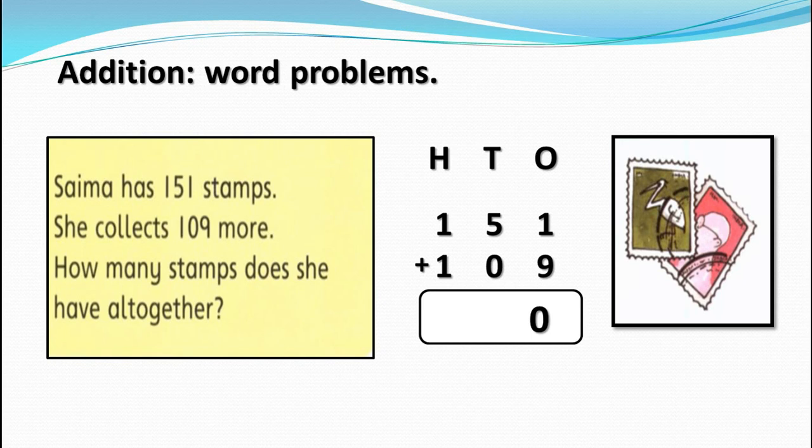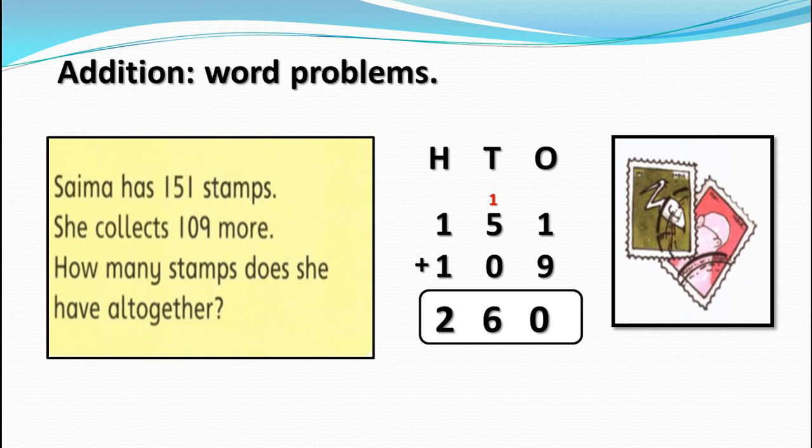Now add tens. 1 plus 5 equals 6 and 6 plus 0 equals 6. Now add hundreds. 1 plus 1 equals 2. It means Saima has 260 stamps.